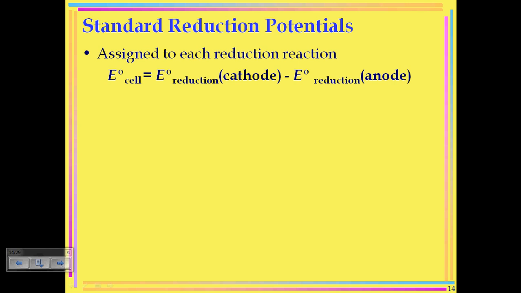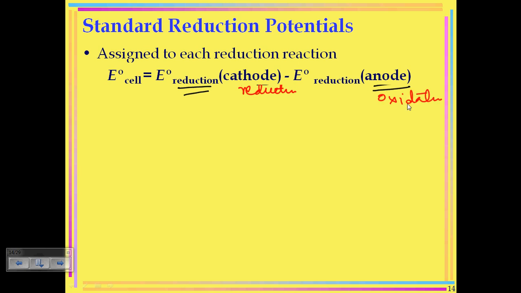This formula you'll need to remember, guys: cell potential is the difference of the reduction potential of the cathode reaction and the reduction potential of the anode reaction. Please note two things. You are measuring reduction potentials for both reactions: the reduction reaction that's happening at the cathode and the oxidation reaction that's happening at the anode.